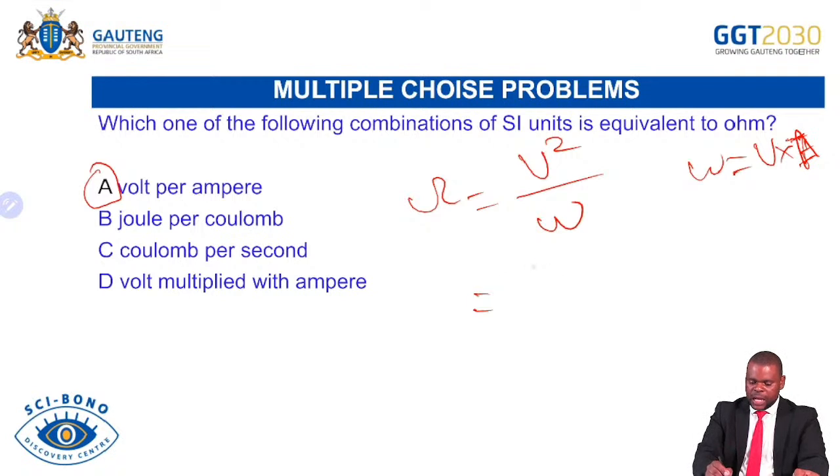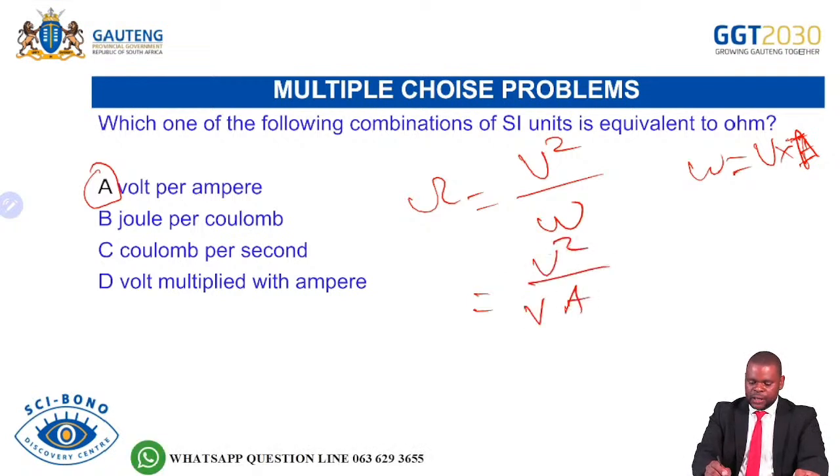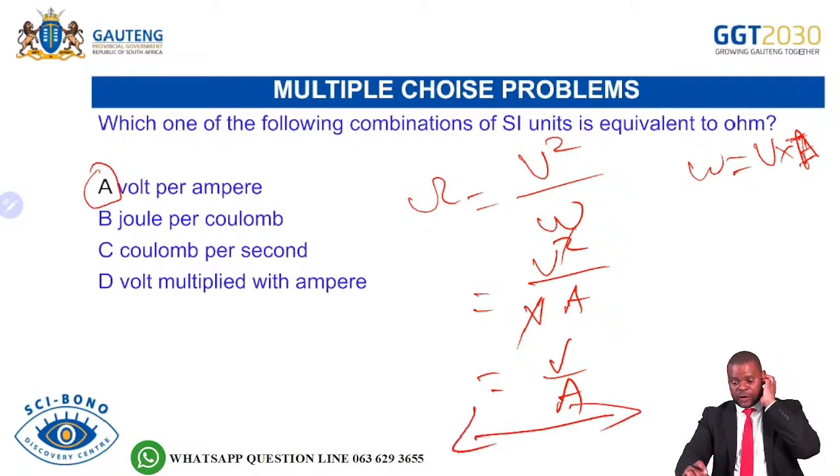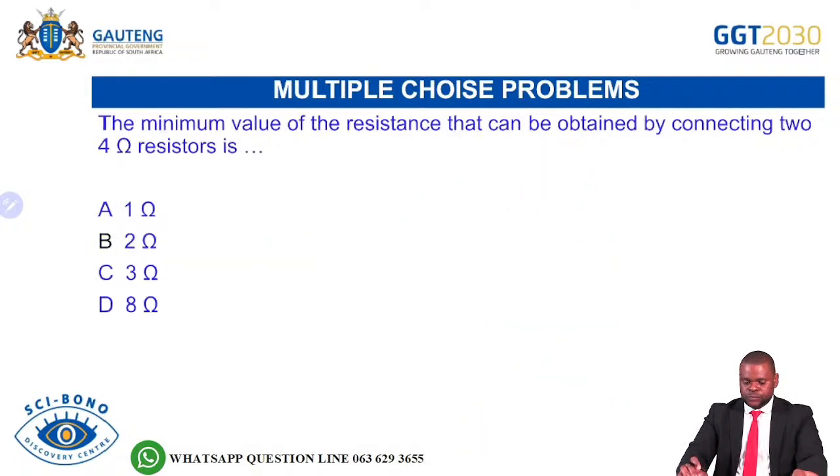Now V squared over V ampere, cancel this, we are left with V over A. This is our answer. Are we together, grade 12? Yes. Okay. Now we see another multiple choice question.